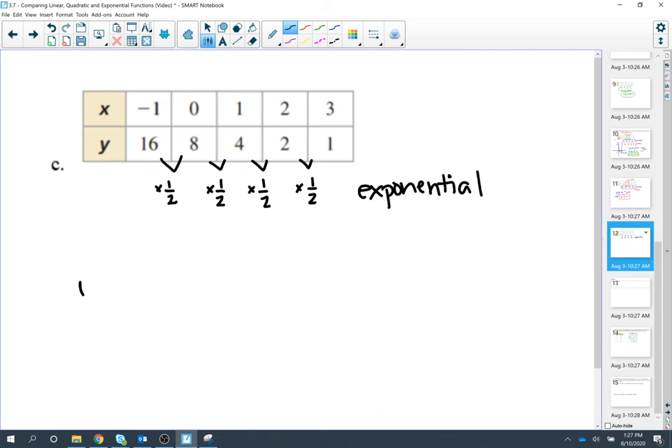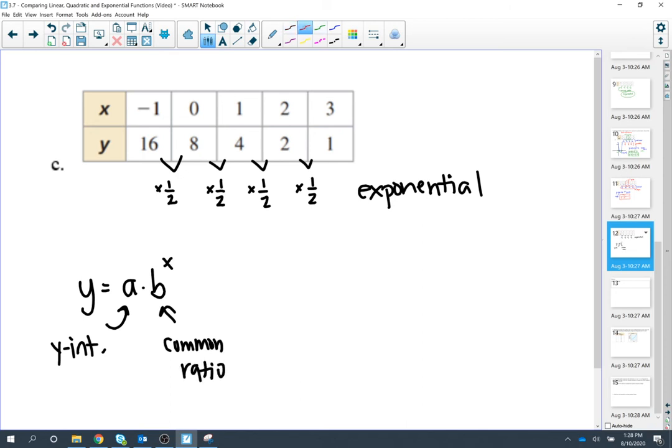So y equals a times b to the x power. A, remember we said, was your y-intercept. B, we said, was your common ratio. Where is your y-intercept? Kind of the same as with your linear. It is where your x value is 0.